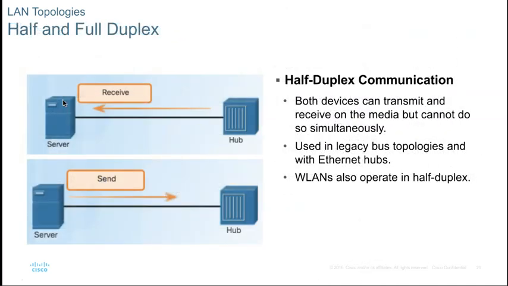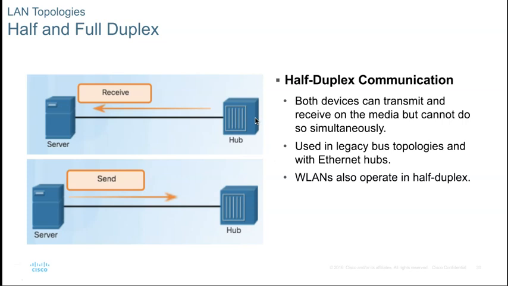All right, when computers have a frame to exchange, they have multiple ways of sending it. They can send using what we know as half duplex. Both devices can transmit and receive on the media, but only one can do it at a time. It's like the old CB communication, when two people are talking on CB: can you hear me?